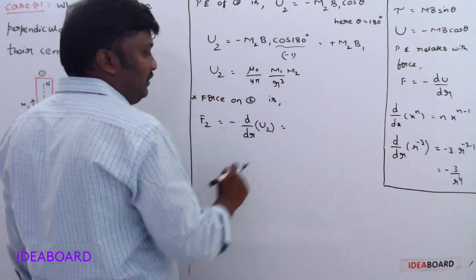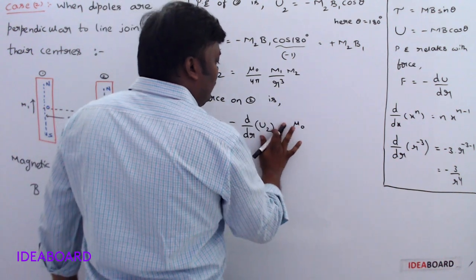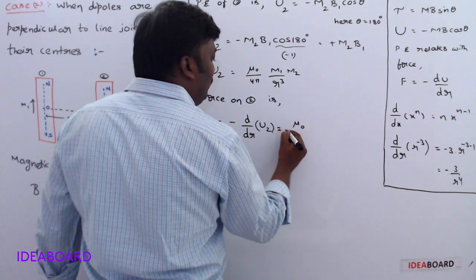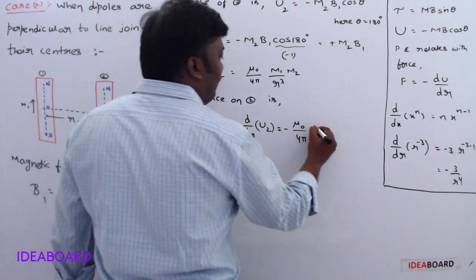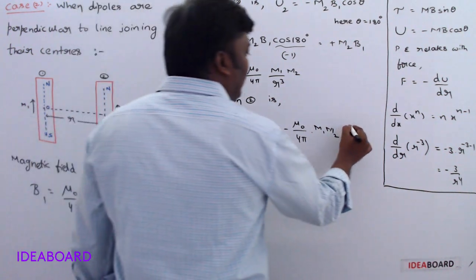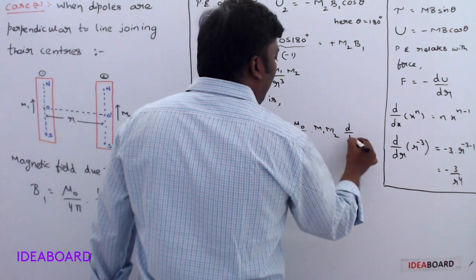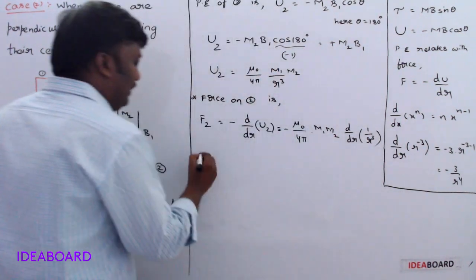U2 value is this one. The constants come outside, so it is equal to minus mu naught by 4 pi m1 m2 come outside, then d by dr of 1 by r cube.